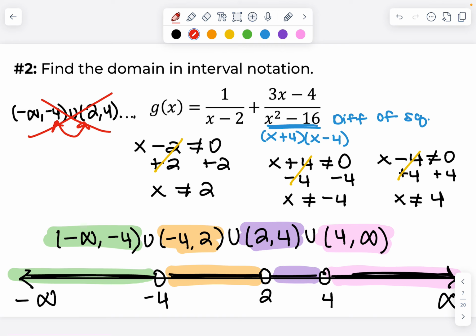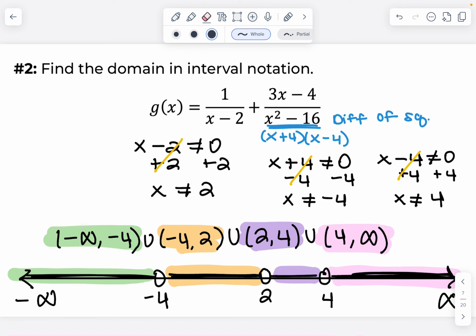We can't just jump from this section of my number line to this section, totally missing the orange portion. And sometimes when we don't do the number line, we'll write things out of order too. So it's always good to draw the picture.